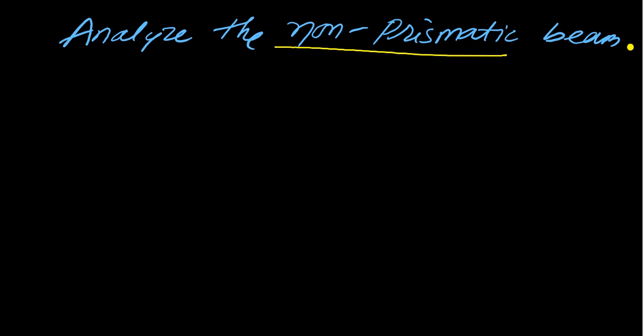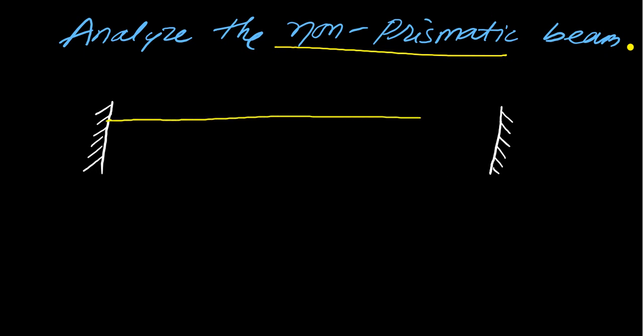So the figure is given in the question. There is one end that is fixed and another end that is fixed. Okay. And the beam has two members with different cross sections.